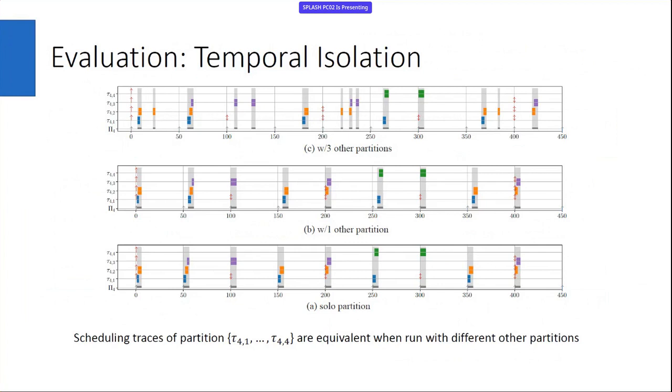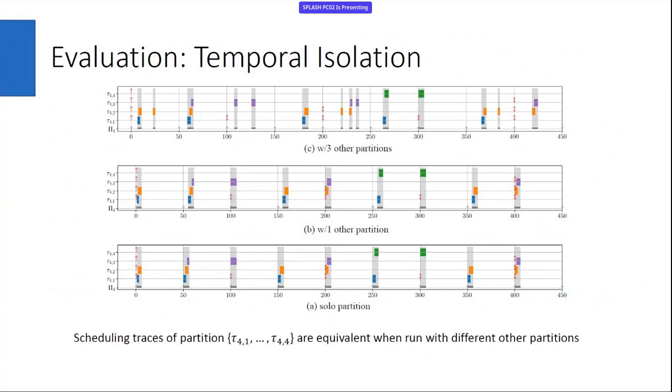In figure A, it's running as the solo partition, and the period of the partition is 50. Inside it you have these different tasks: the blue one, the gray one, the blue one, the orange one, and the purple one. Without any other partition running, we get a trace looking like this. Each of these tasks has a period divisible by 50.